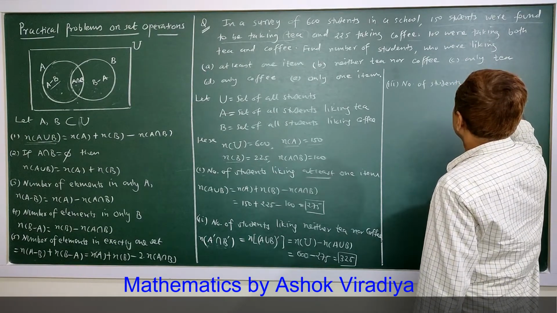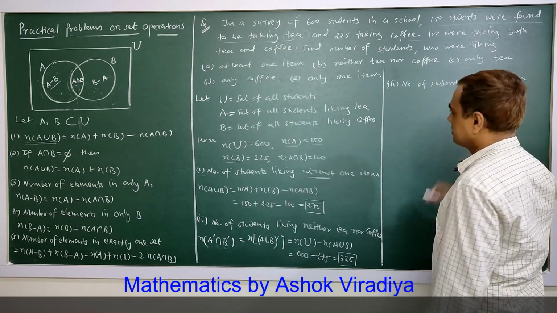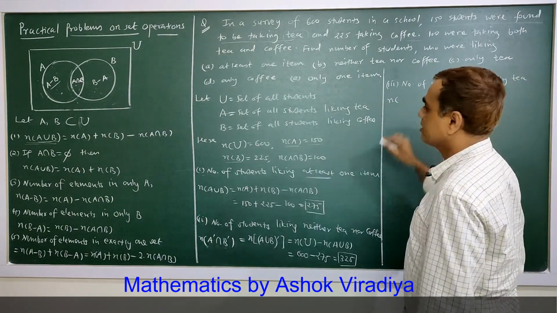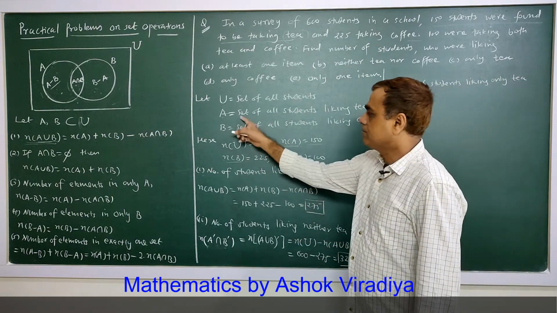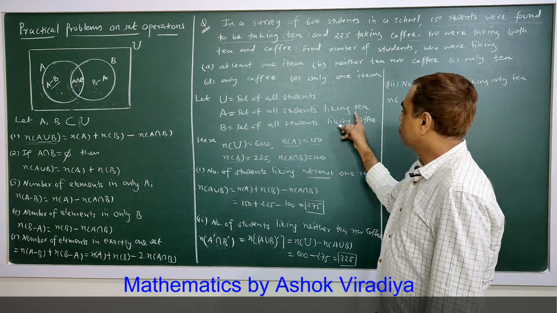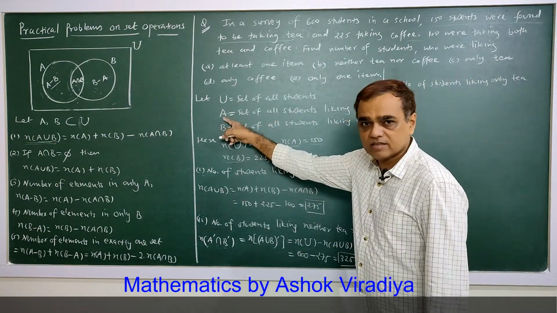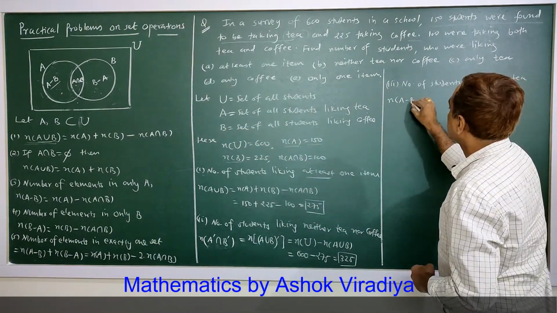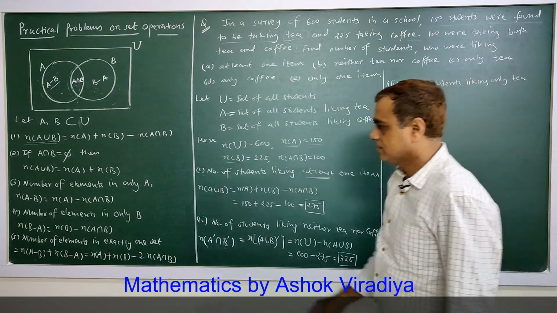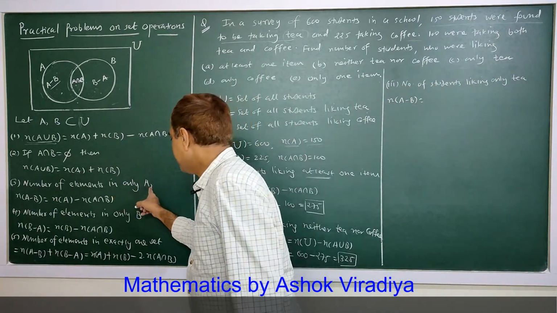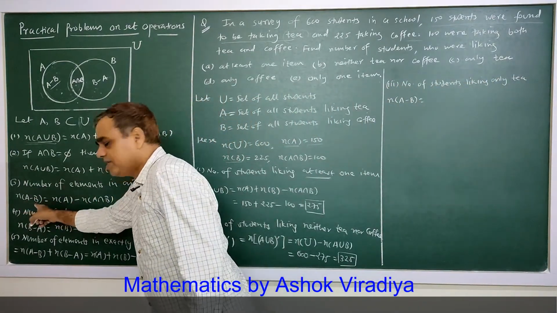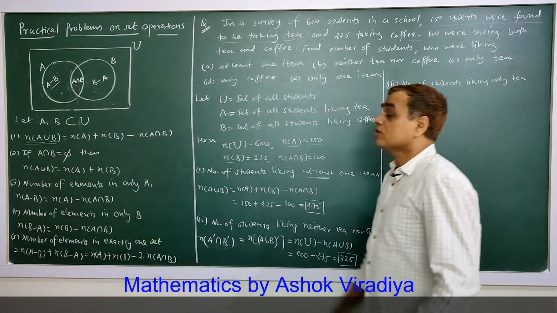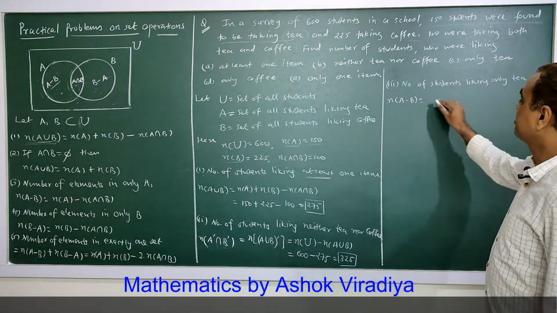Only T, that means the number of students belonging to only set A. So only A means A minus B. The number of elements in only A, that is elements in A minus B, is the number of elements in A minus the number of elements in A intersection B.